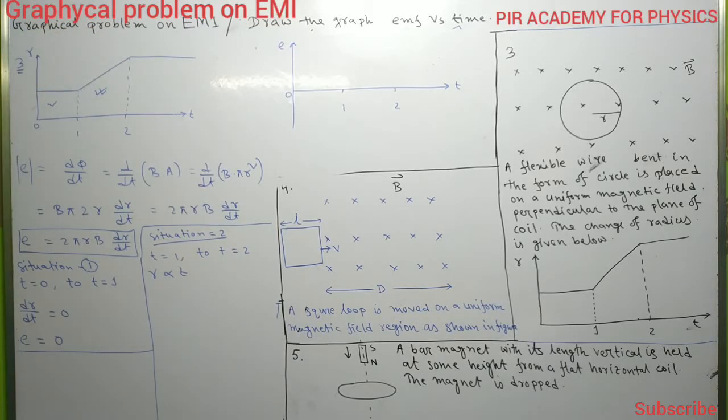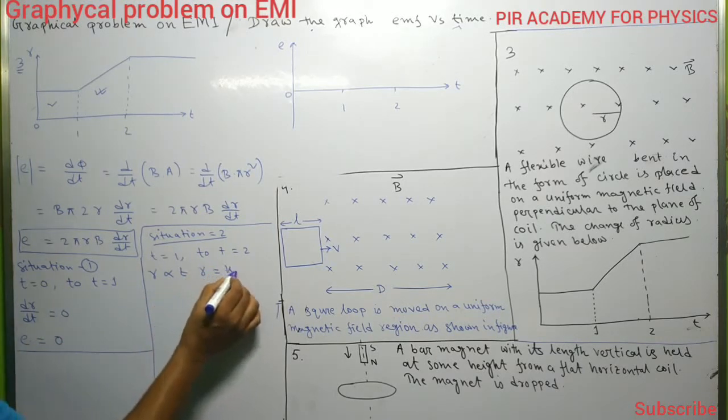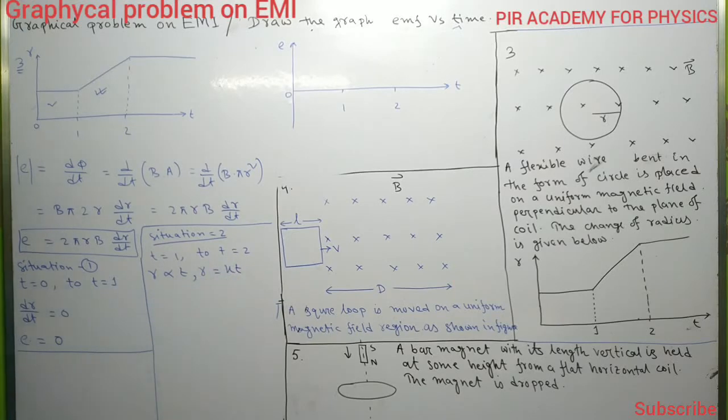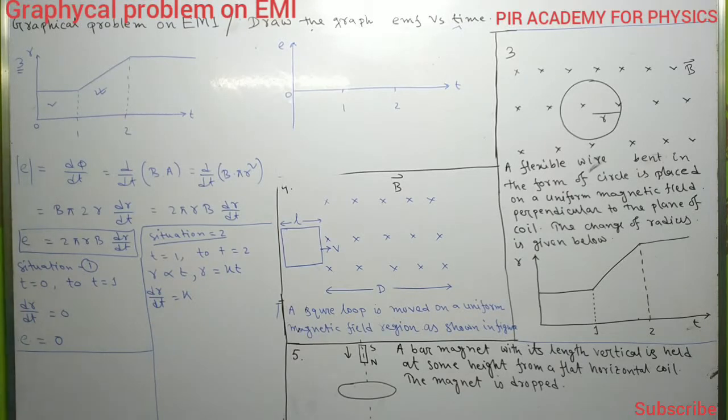That means the radius of this loop increases linearly with time. That means r is proportional to t, that means r equals kt. If you differentiate this, dr by dt must be k.